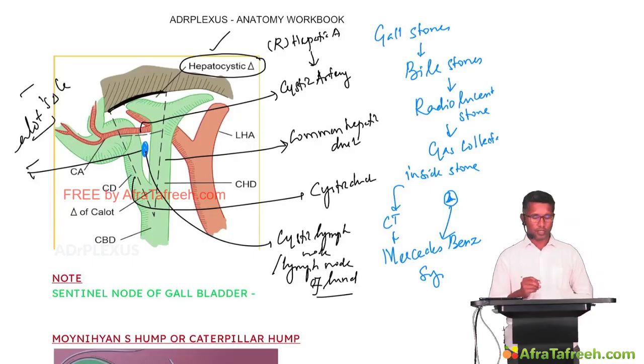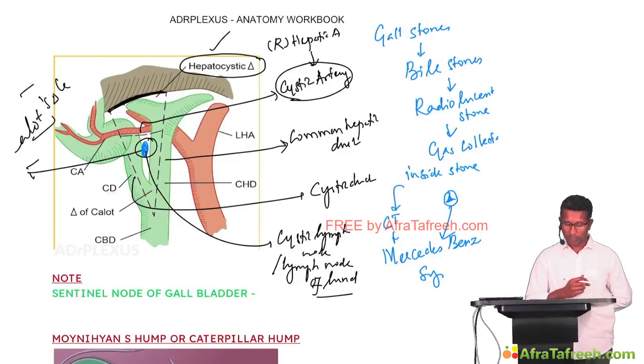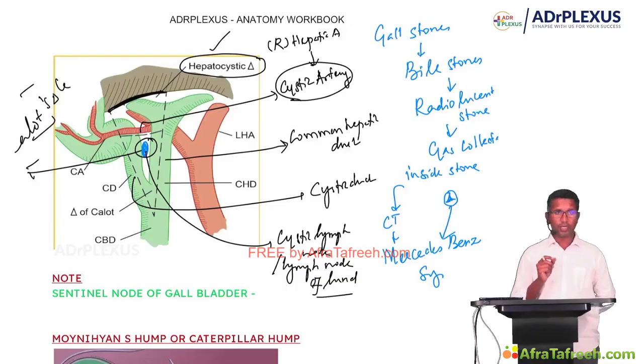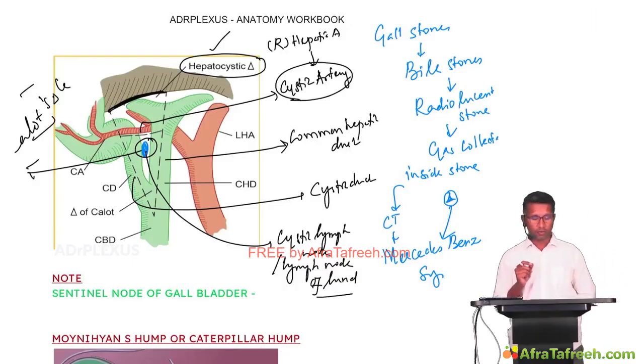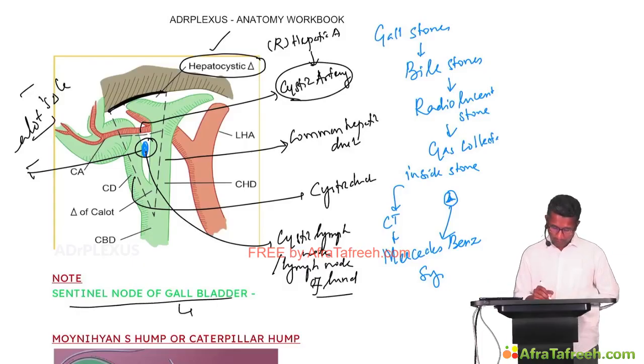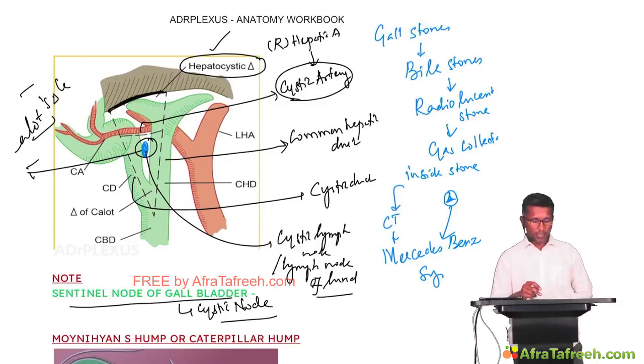The other boundaries are the same: the common hepatic duct on one side and the cystic duct on the other. In this hepatocystic triangle, the cystic artery becomes a content, and the lymph node of Lund becomes a content. This lymph node of Lund is the sentinel lymph node of the gallbladder.